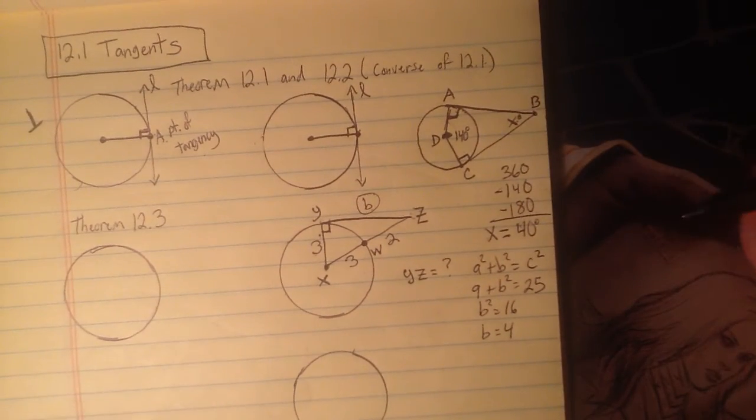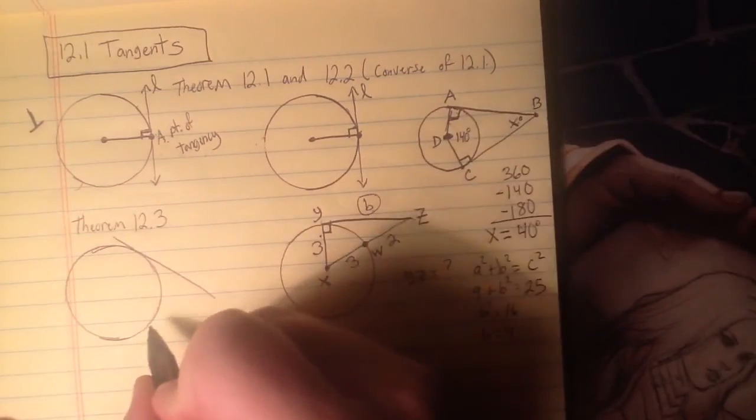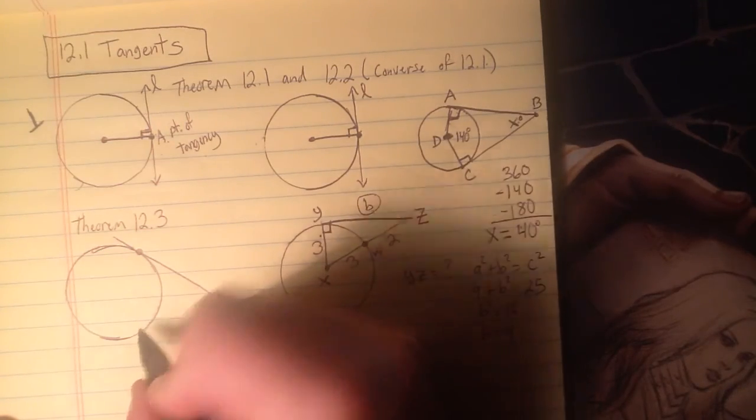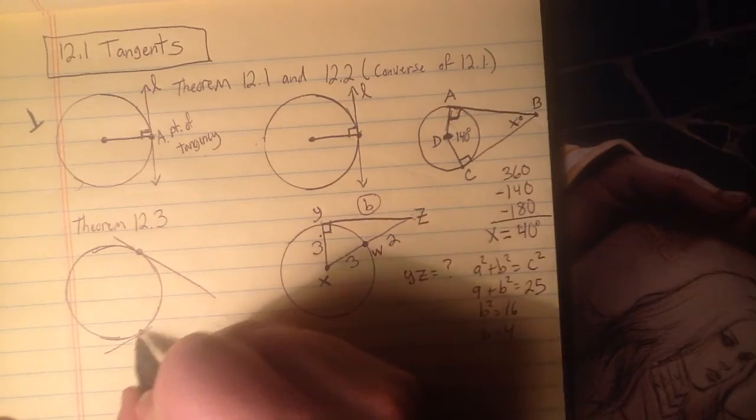12.3 basically says that if you have two tangents coming together at a common endpoint somewhere outside the circle, so let's say this is a point of tangency here, and let's do one right here. And there it is.